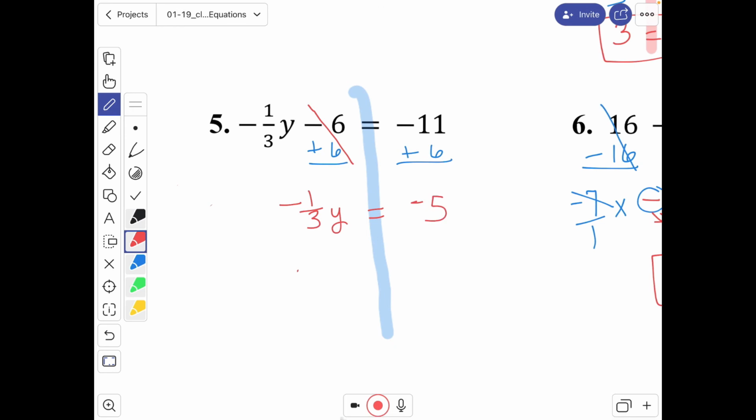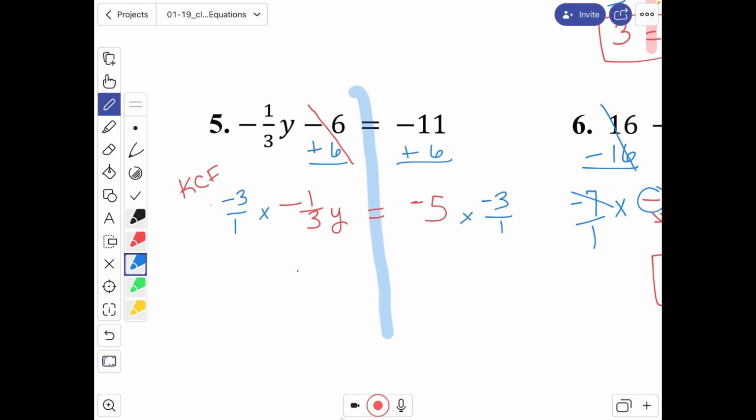Now we have negative 1/3 times y. So we know the opposite of multiplying would be to divide. And how do we divide by fractions? We have to do keep, change, flip. So we have to take the reciprocal of that fraction and multiply. So the reciprocal would be -3/1.